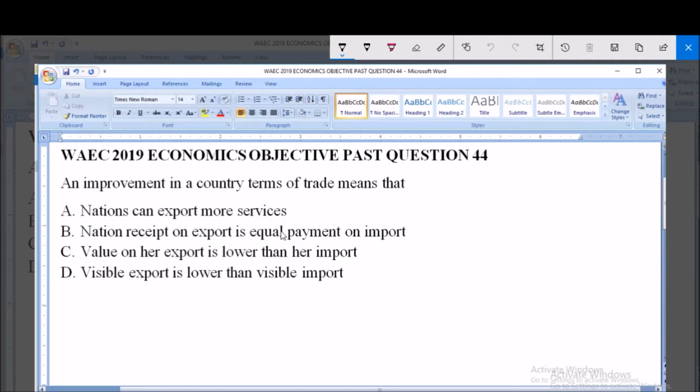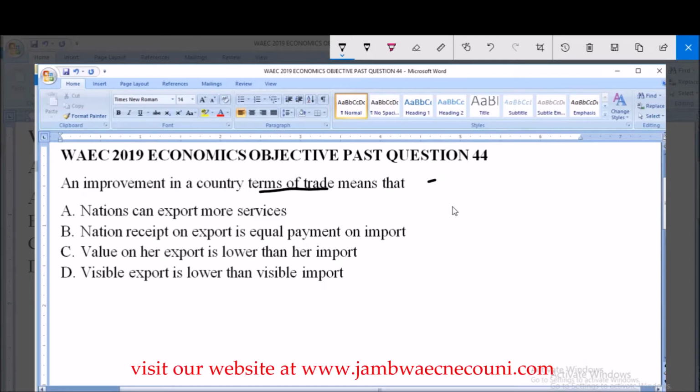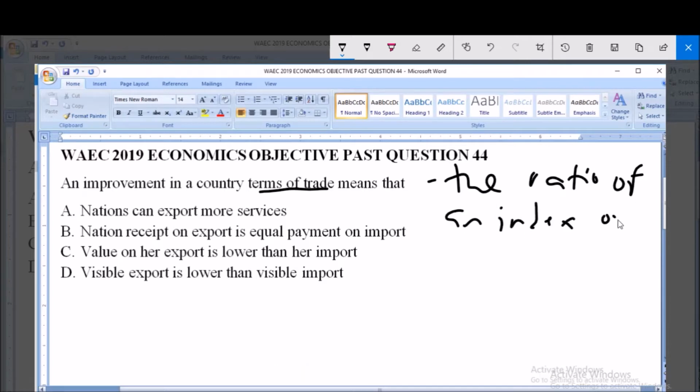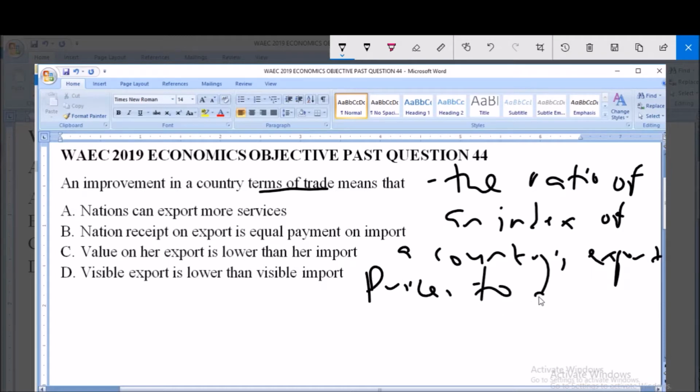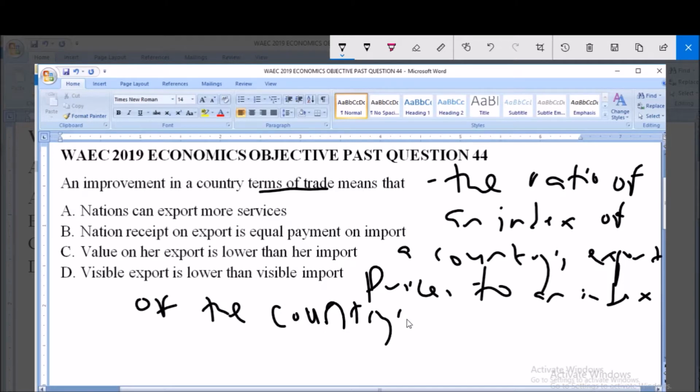So the concept we are looking at here is terms of trade. The terms of trade of a country is the ratio of an index of a country's export prices to an index of the same country's import prices.